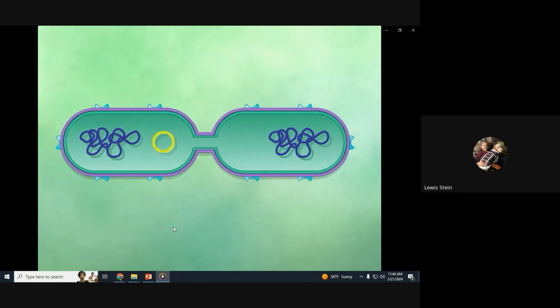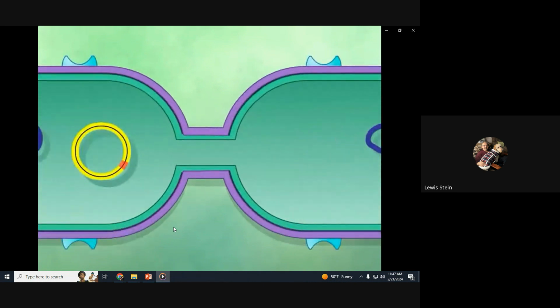The plasmid then becomes mobilized for transfer when a plasmid-encoded endonuclease cleaves one strand of the plasmid at a specific nucleotide sequence called the origin of transfer. A single strand of the F plasmid, beginning at the origin of transfer, enters the F minus cell.